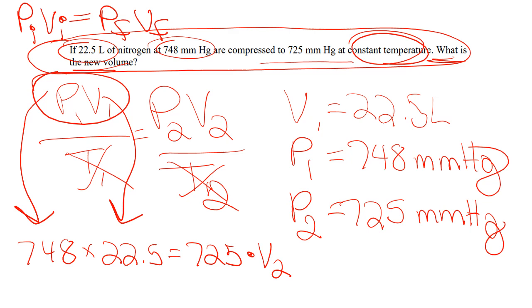And we know that the pressure is going down, so the volume has to be going up. Whether or not that makes sense, you just plug stuff in. So volume 2 is going to be 23.2 liters.